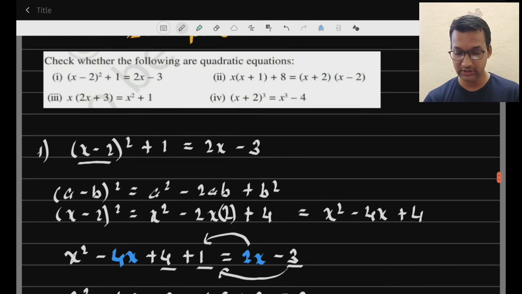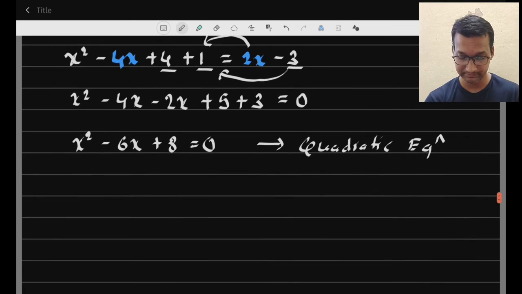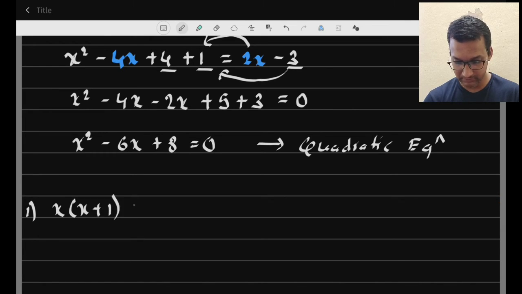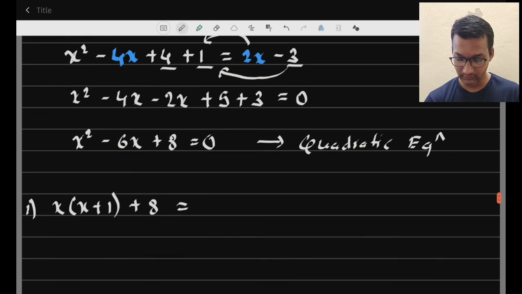Now let us look at the second problem. In the second problem we have x into (x plus 1) plus 8 on the LHS. On the RHS we have (x plus 2) multiplied by (x minus 2).